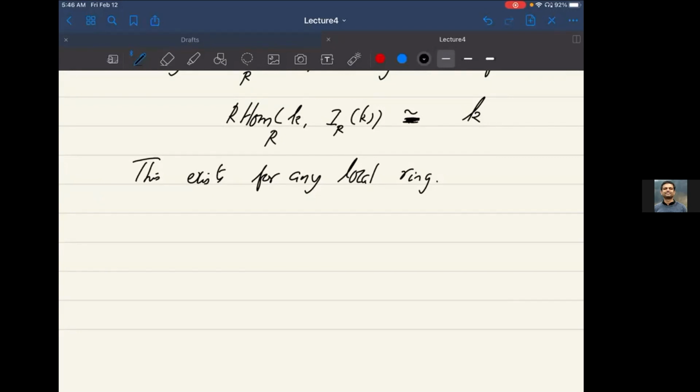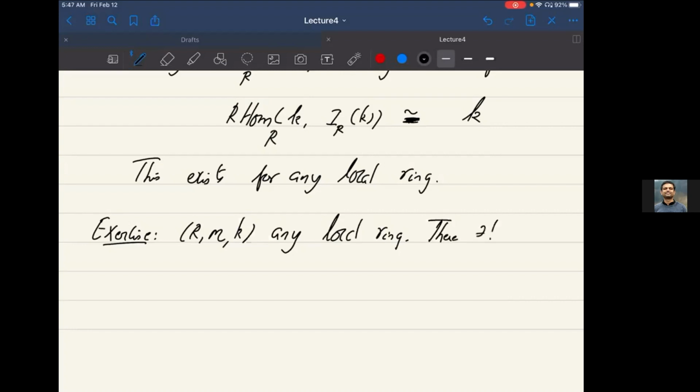So here's an exercise you might do. Let R be any local ring. Then there exists a unique X in D of R, with no conditions on X, so it's a complex of R modules, such that two conditions hold.